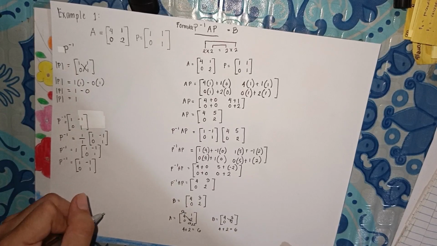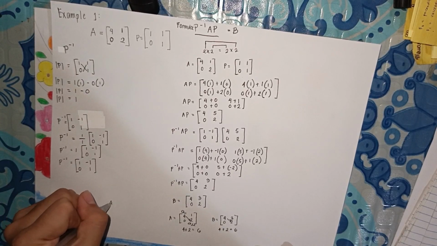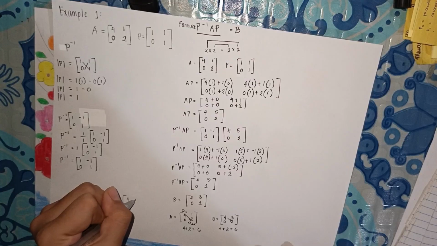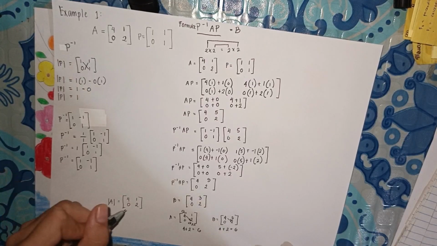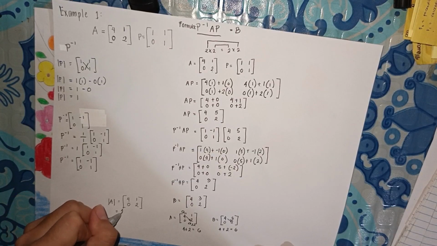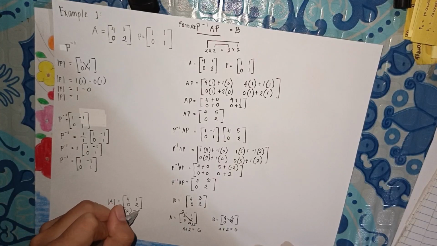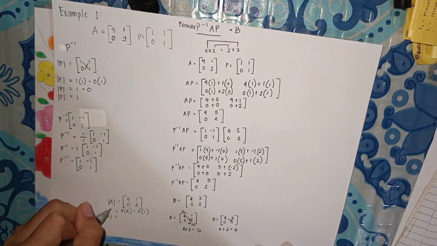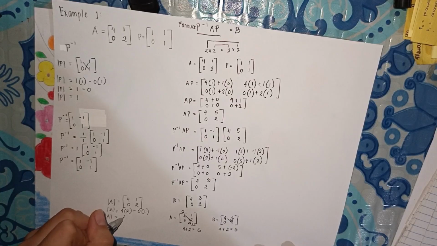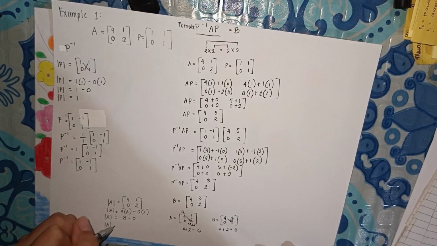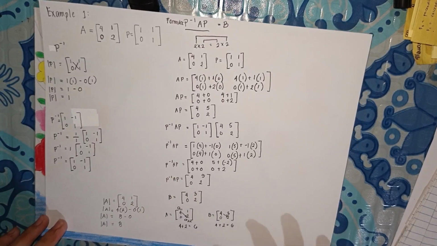So, let's solve for the determinant of A. 4, 0, 1, 2. So, 4 times 2 minus 0 times 1. So 4 times 2, 8, minus 0 times 1, 0. So the determinant of matrix A is 8.